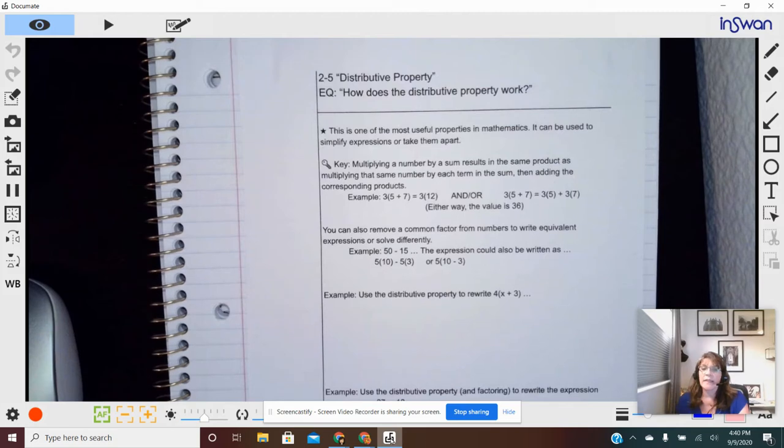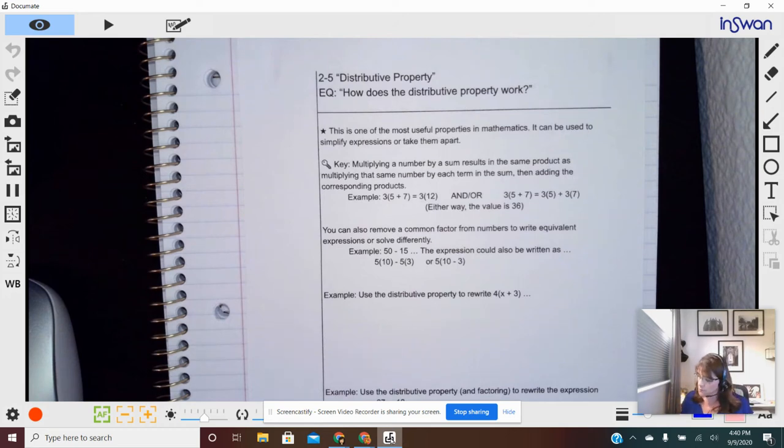It becomes a fantastic tool for solving equations. But at this point, we're just showing you how it works and how the things are equivalent. And later in the spring, when we get into solving bigger equations, you'll really see where it might become a tool that could help you.